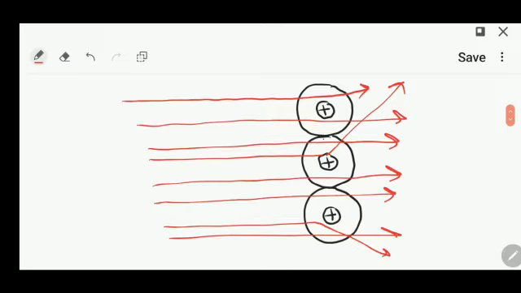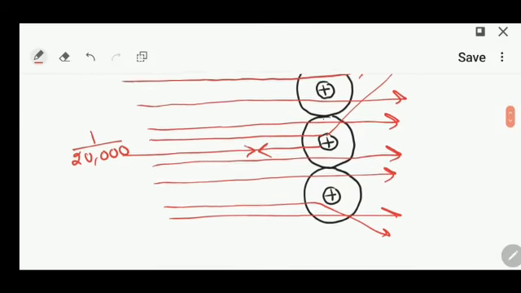And the third observation is that very few, that is 1 among 20,000 radiations, get deflected back along the same line. I am going to explain it once again.